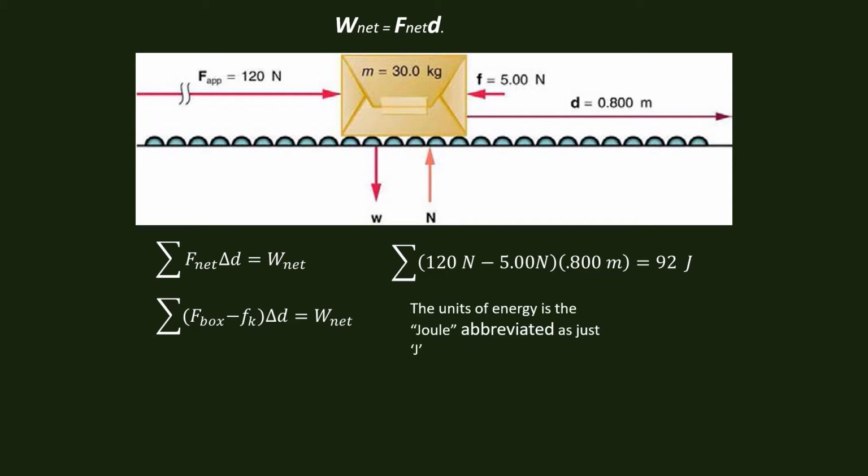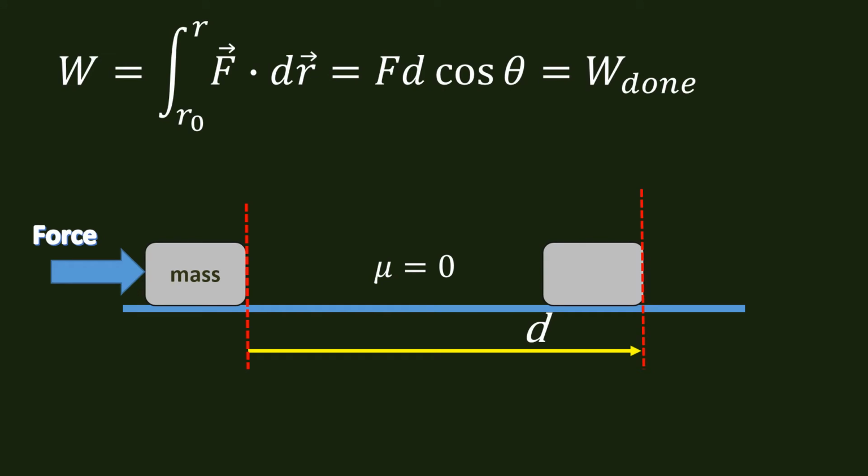Units of energy is the joule. It's abbreviated as just a capital J. So here is the calculus version of the work done from 0 to R, basically depicting that a mass is moved by a force, okay, and it has a coefficient of friction, this one is 0, and a distance.